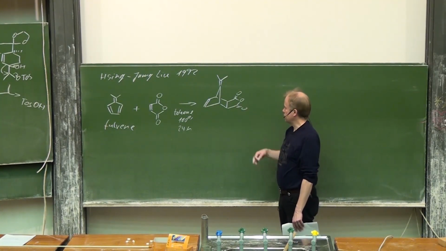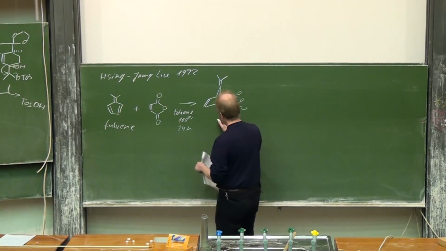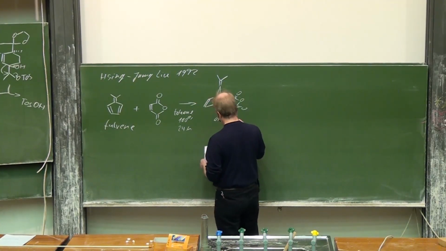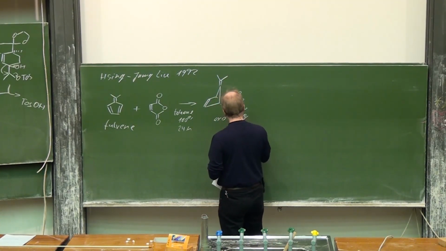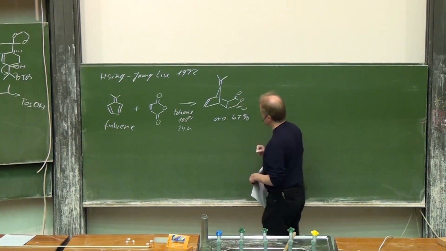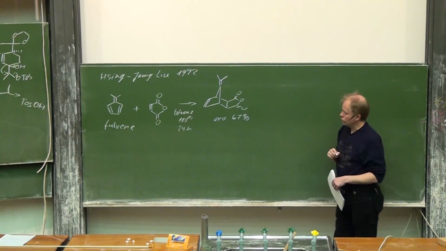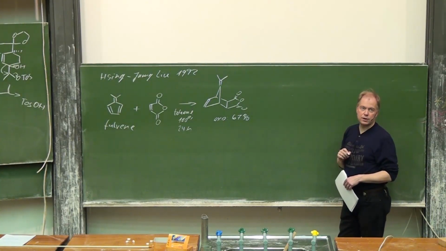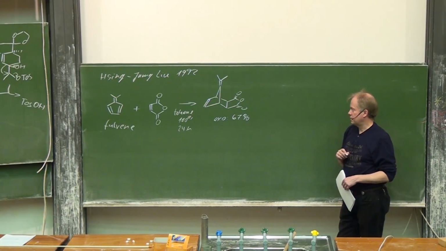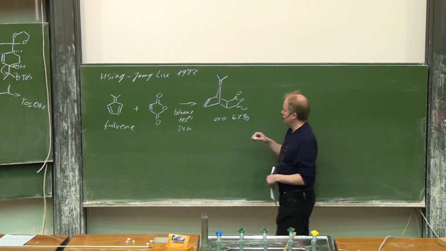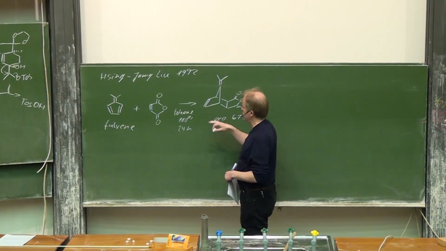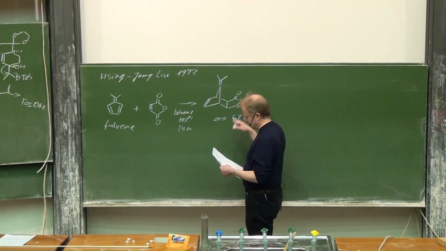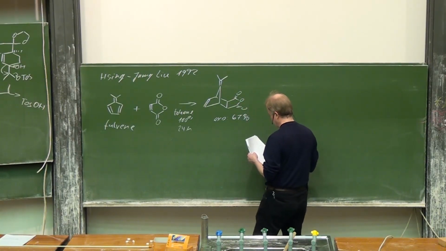Well, this is the result: the exo Diels-Alder product in 67% yield compared to the endo Diels-Alder product in 0.25%. So, the Liu group was in need of that, targeted for that.